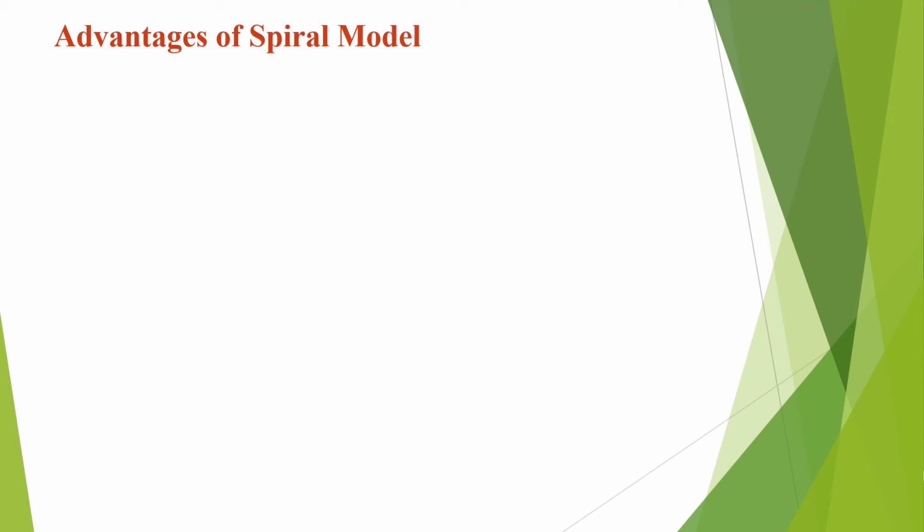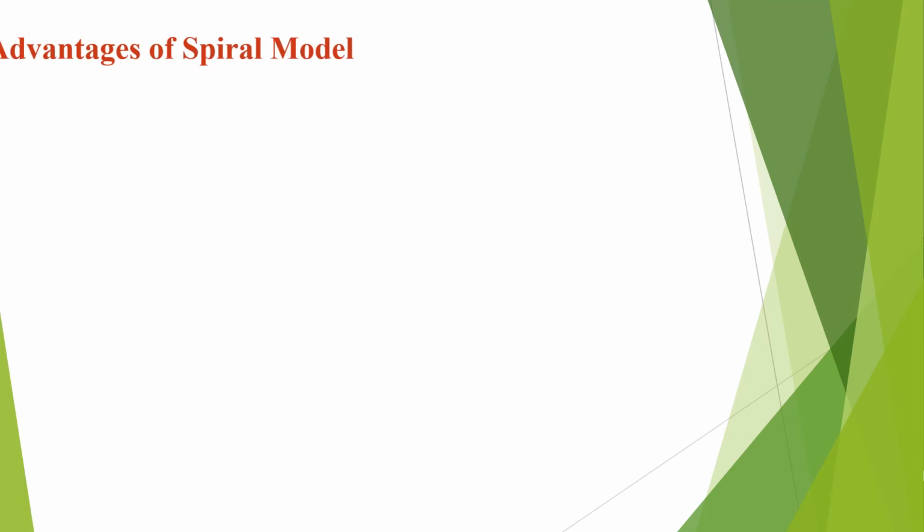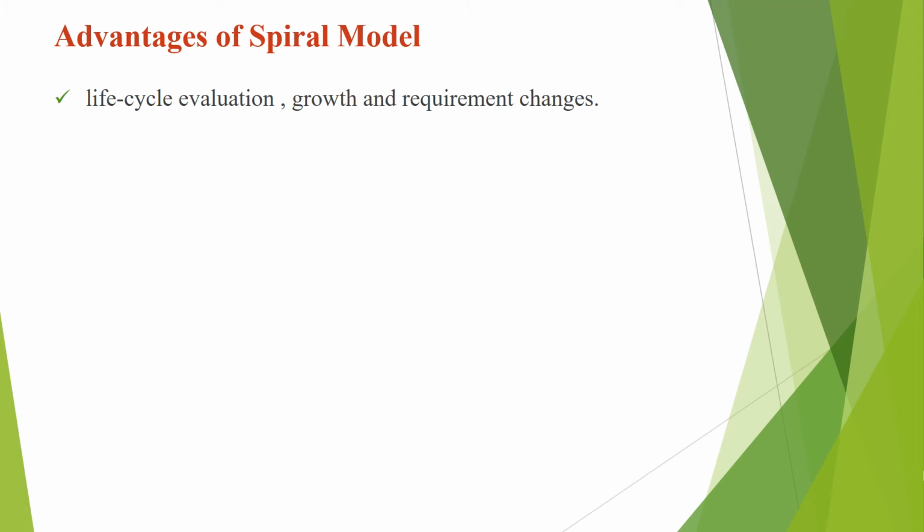Let's have a look at the advantages of the spiral model. The first advantage of the spiral model is it accommodates life cycle evolution, growth and requirement changes. Then the second advantage is risk management. Continuous or repeated development helps in risk management.